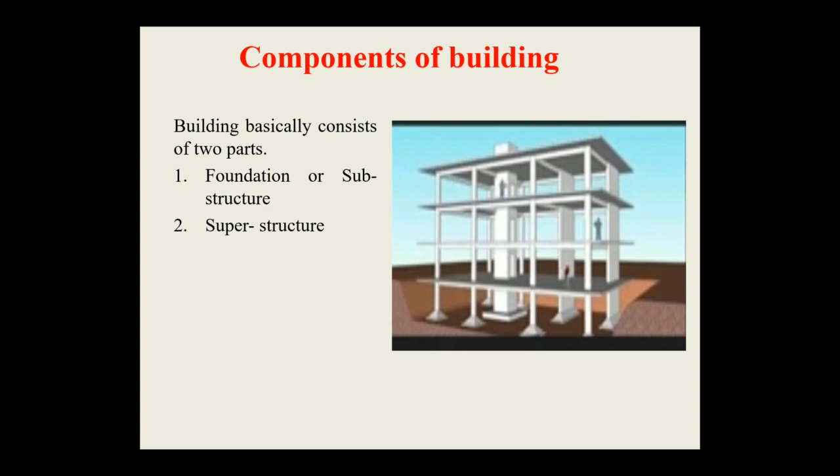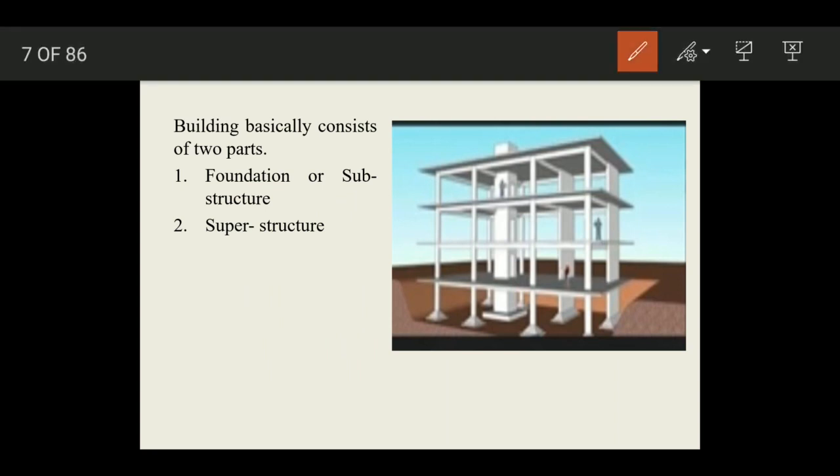Next, the components of building. Basically, components of a building consist of two parts. First is foundation and second is superstructure. First of all, we will discuss what is foundation or substructure.